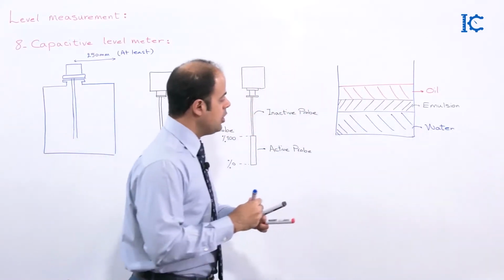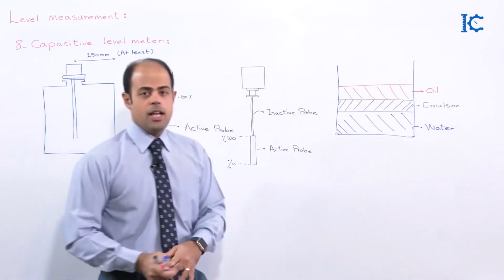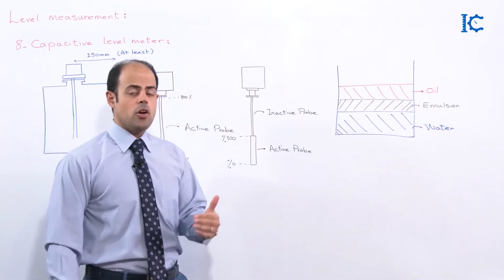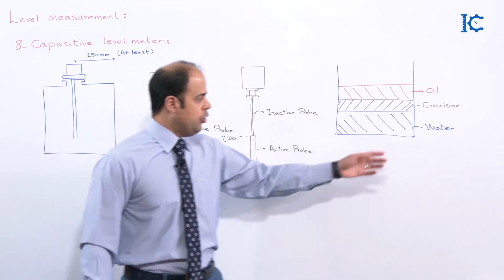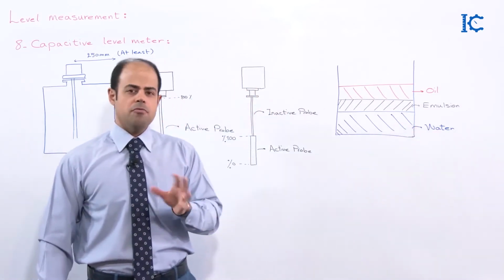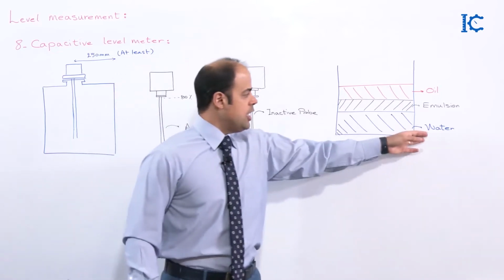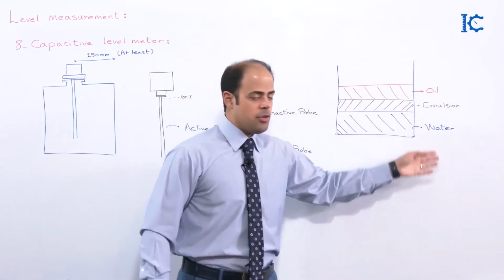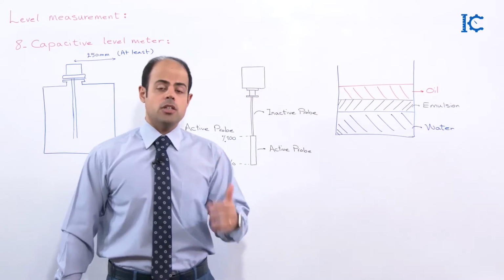As you know, water is considered a conductive fluid. As I told you before, the dielectric constant for this one is around 85 or 86. So this one has a really high conductivity factor too.